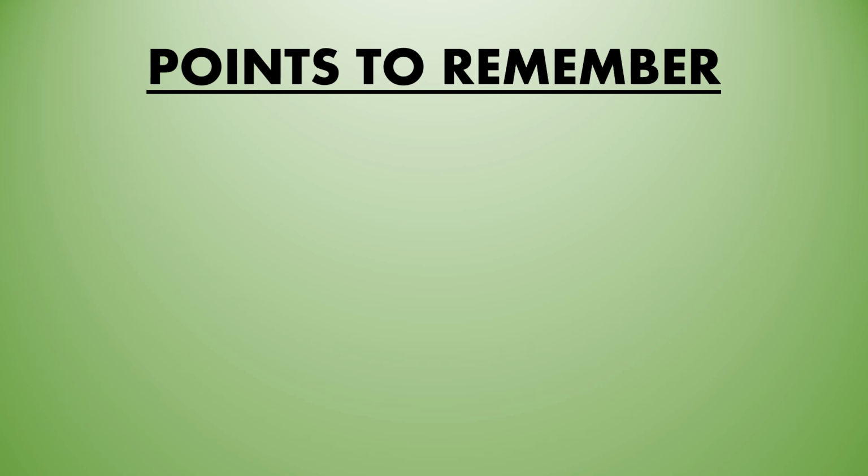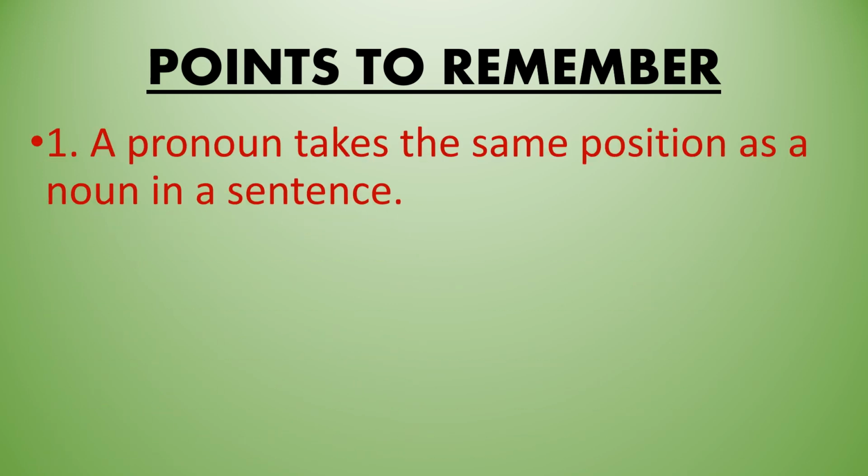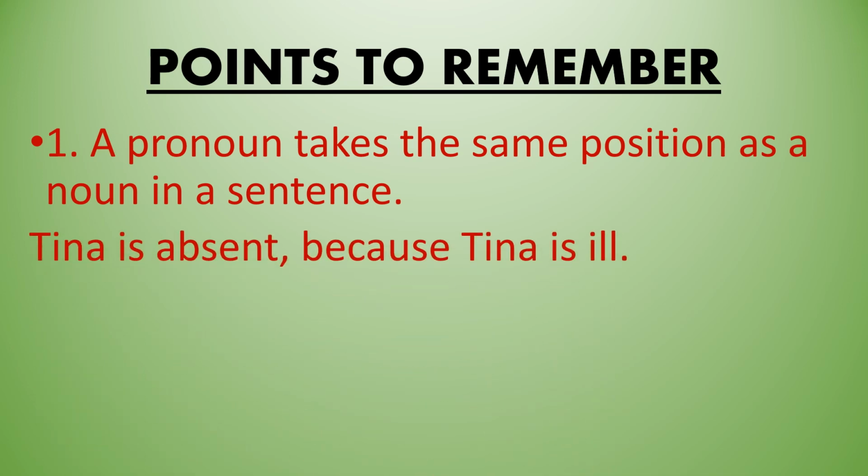So, there are a few points that you have to remember. What are those points? Let's have a look. The first point is a pronoun takes the same position as a noun in a sentence. It means that a pronoun in the sentence will take the same position of the noun instead of which we are using it. For example, Tina is absent because Tina is ill.